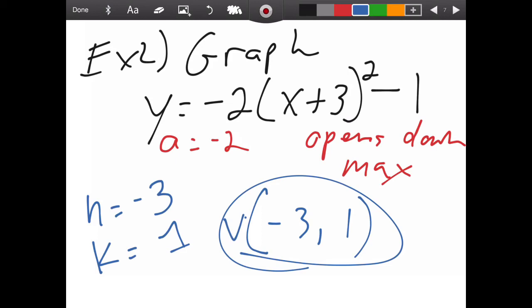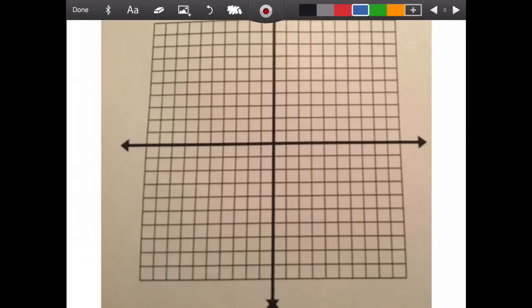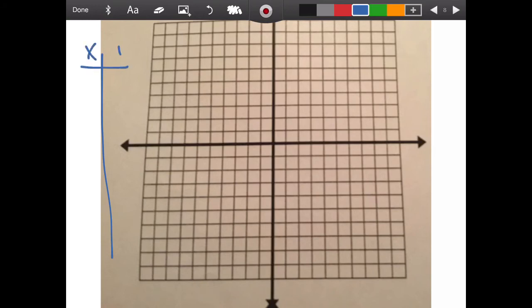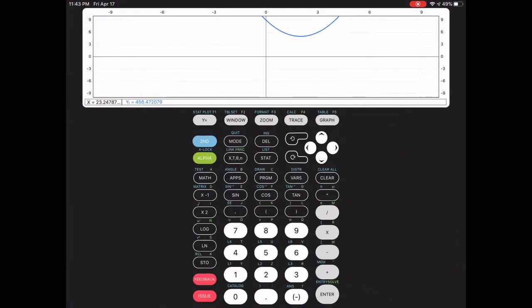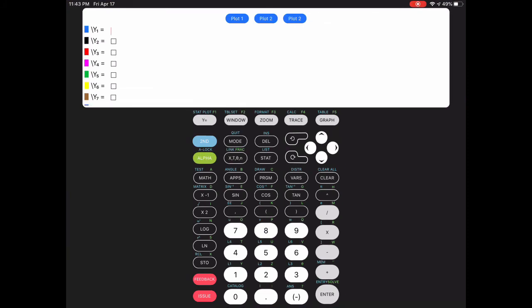I don't even really have to find anything. I just have to look for that point in the table. Okay, so I'm going to make my table right here, x, y. I'm going to go into my calculator, press y equals, clear it, and we got negative 2 parenthesis, x plus 3, close the parenthesis, raise it to 2, square it, and then minus 1.